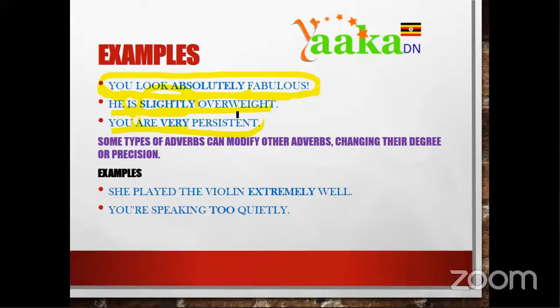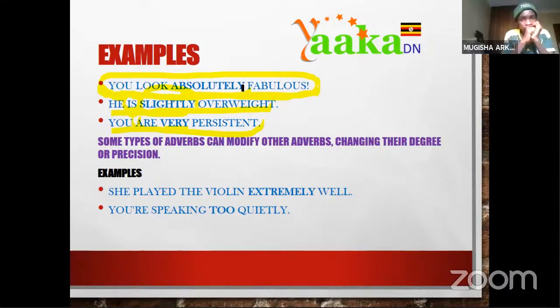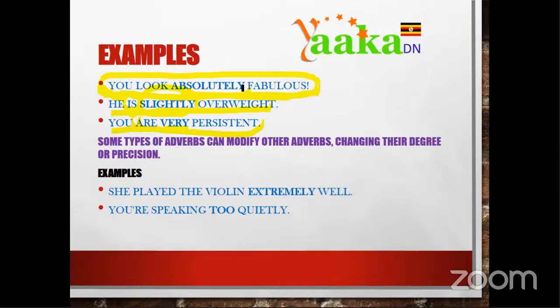I'm asking. We said we have four types of adverbs: adverb of manner, adverb of time, adverb of place, and adverb of frequency. So please, which type of adverb is the word absolutely, or which type of adverb is the word slightly, or which type of adverb is the word very? Please, you can say any. Maybe you can show us the table, then we can choose.